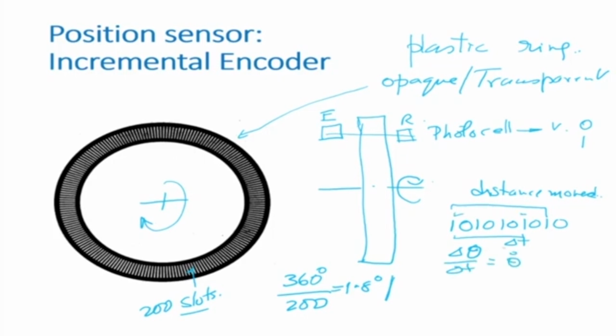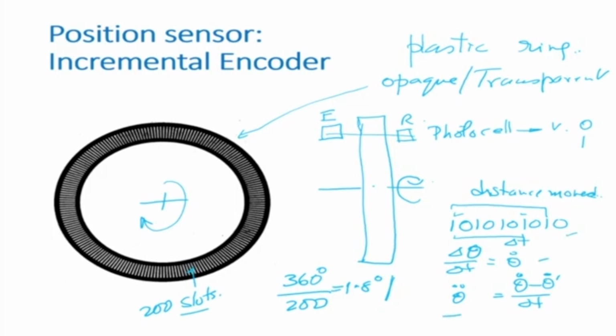So you know the position, and you also know the velocity. If I differentiate one more time, then I can know theta double dot also. Del theta dot by del t, one more time, will give you the acceleration. So we can find the position, the velocity, and the acceleration.